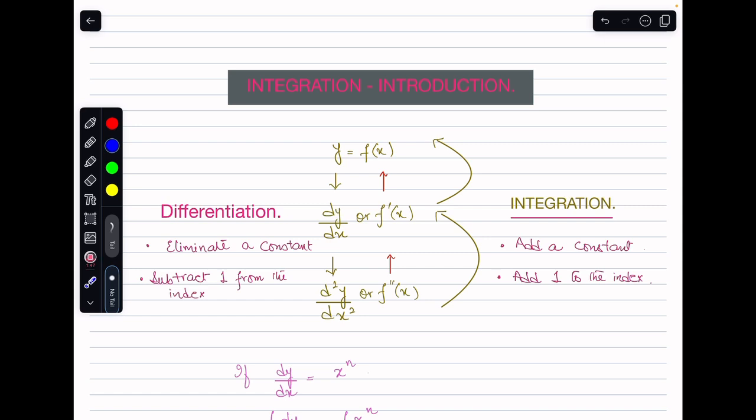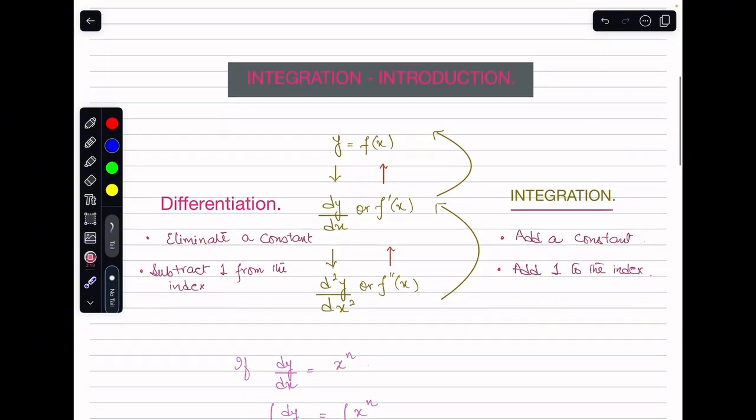And also the major differences between the two is that in differentiation, we eliminate the constant term in the equation, whereas in integration, we always have to add a constant. Again, the opposite over here. And also in differentiation, we subtract 1 from the index of the variable, but in integration, we have to add 1 to the index, and then I should be adding a constant here.